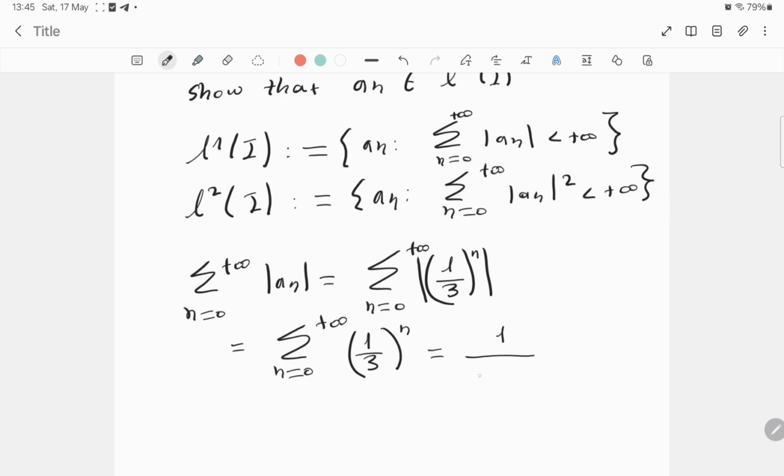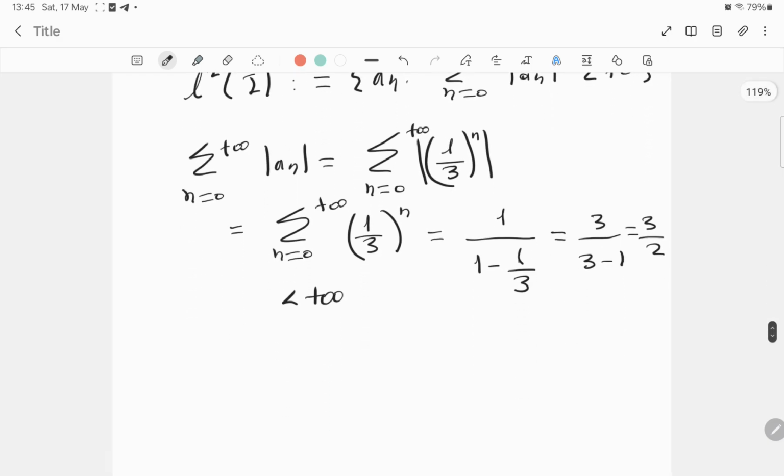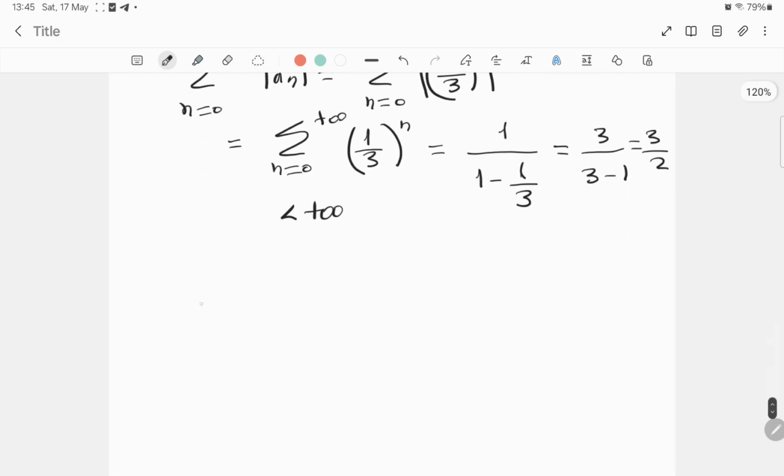That gives me 1 over 1 minus a third. That's 3 over 2, which is less than plus infinity. Which means that the sequence a_n belongs to the little l1 space of absolutely summable sequences.